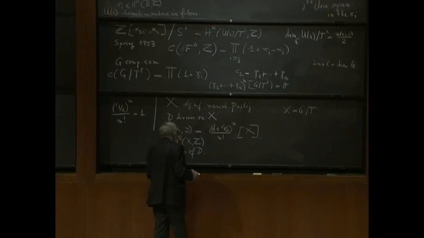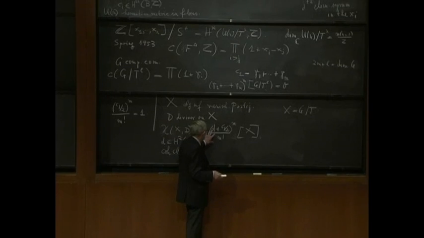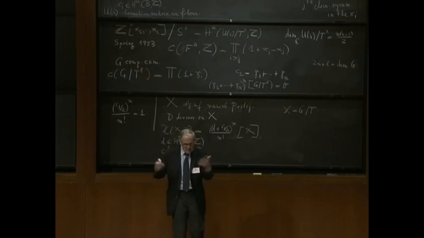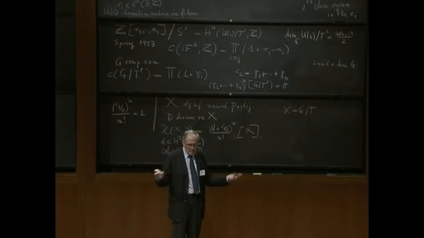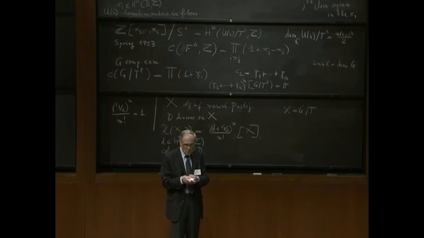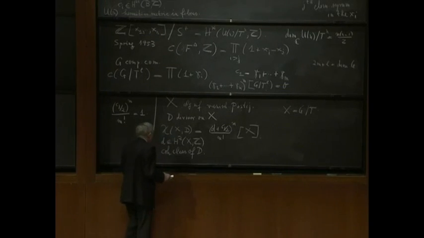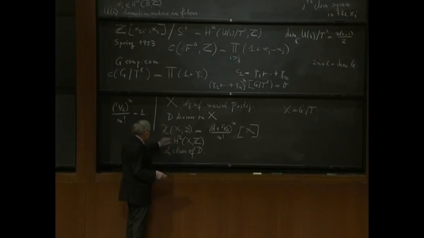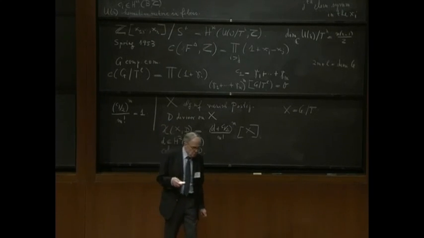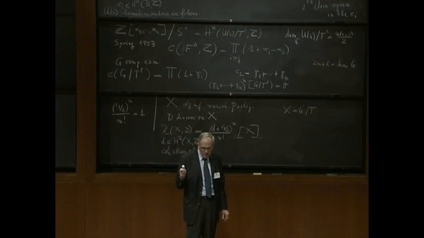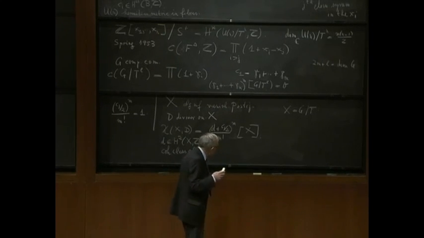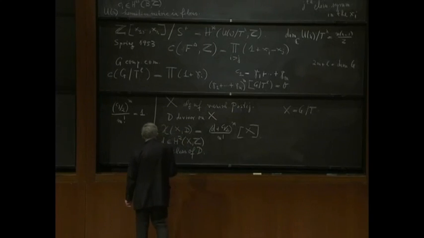And then one sees that these numbers, the cohomology class D in dimension 2 raised to the m power divided by m factorial, are up to sign either 0 or the degrees of the irreducible representations of G. So suddenly Borel and I saw that these chi of X, D, the holomorphic Euler numbers, have something to do with the representation theory of G. And well, this had to be investigated much further.